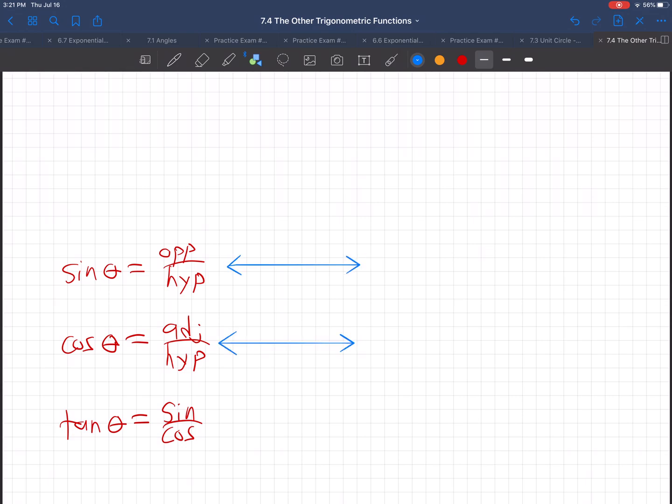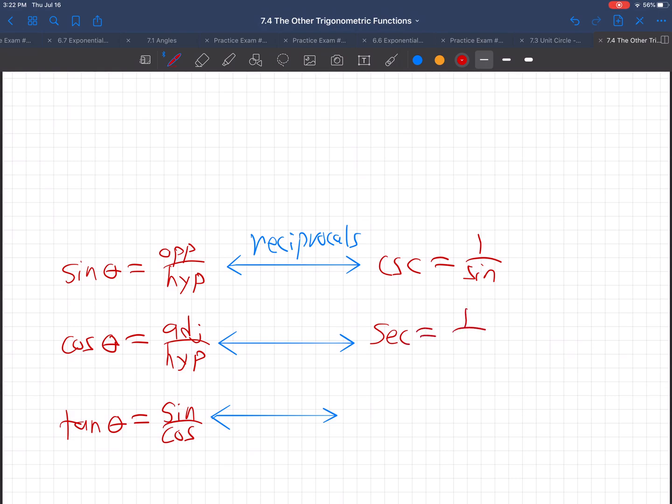They're upside down of the first 3. So cosecant is 1 over sine. It's upside down. And secant is upside down of cosine. And cotangent is upside down of tangent, so it's cosine over sine.